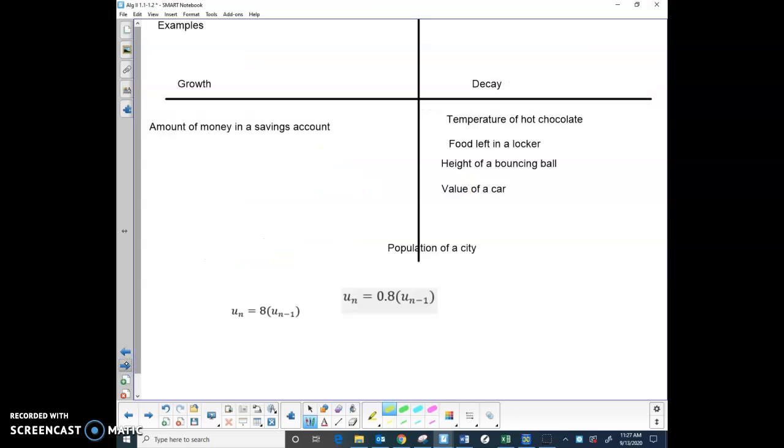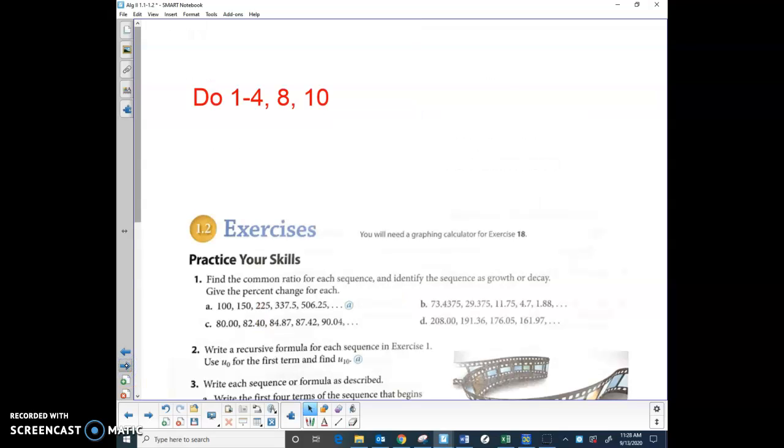So if we look at the examples that they give us, we have 0.8 that one, and we have 8 there. So decay is always going to have a common rate that is between 0 and 1, and growth is always going to have a common rate that is larger than 1.